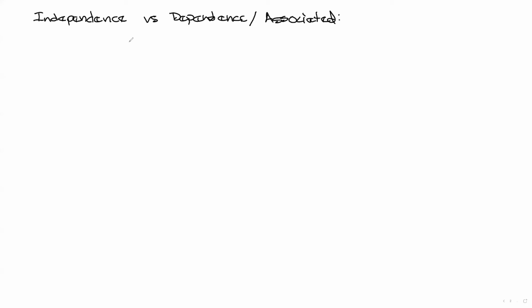All right, so technically the definition is the same. So technically, we have a dependence relationship between actions when you end up getting different probabilities.